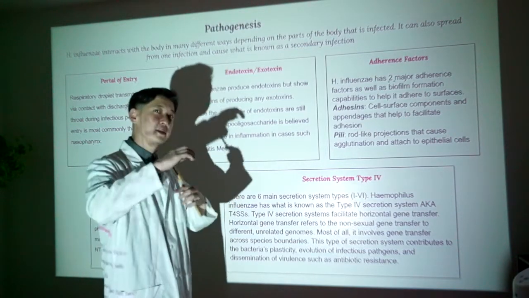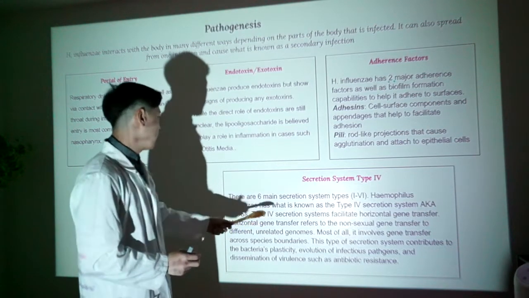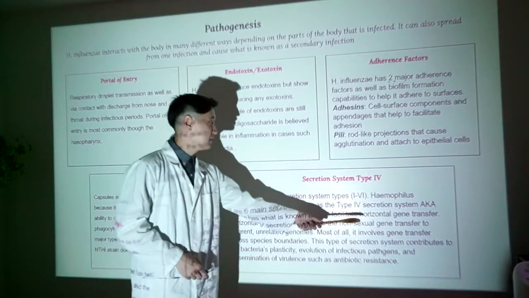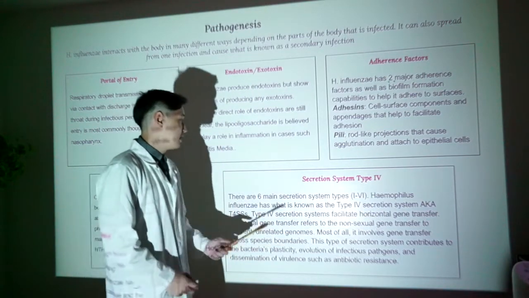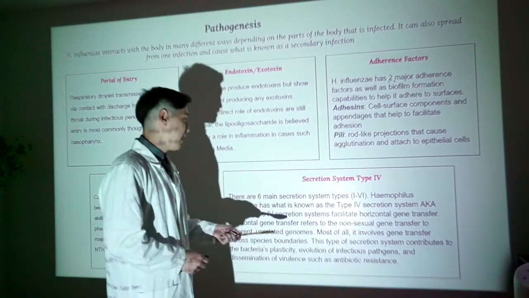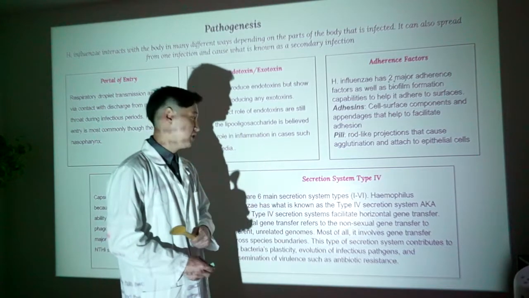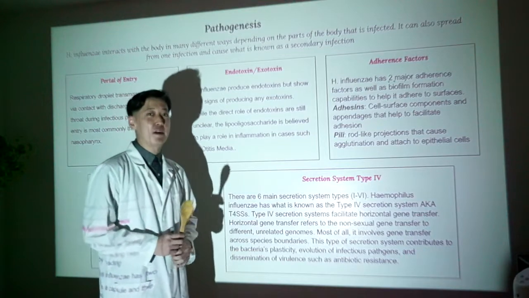There is vertical and there is horizontal gene transfer. Horizontal gene transfer refers to non-sexual gene transfer to different unrelated genomes. This type of secretion system contributes to the bacteria's plasticity, evolution of infectious pathogens, and dissemination of virulence factors such as antibiotic resistance.